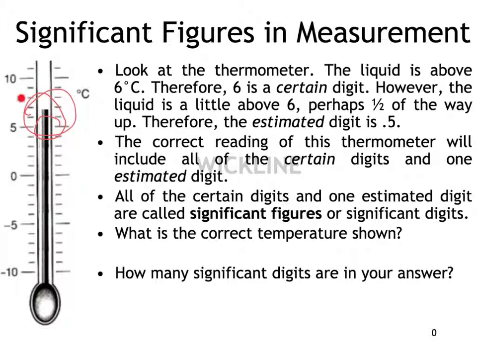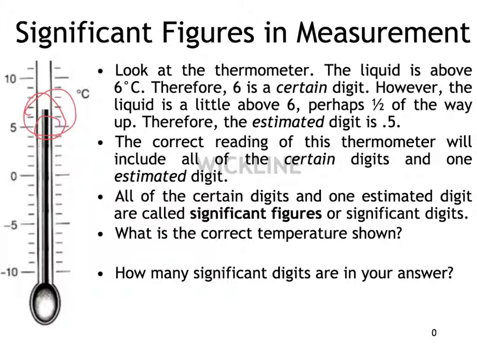But it appears to be just below 7. So the thing that I'm certain of is that this temperature is above 6. I'm not really sure how much it is above 6. And that's going to be my estimate part, but the certain part is the 6, and the estimate is just how much is it above 6.